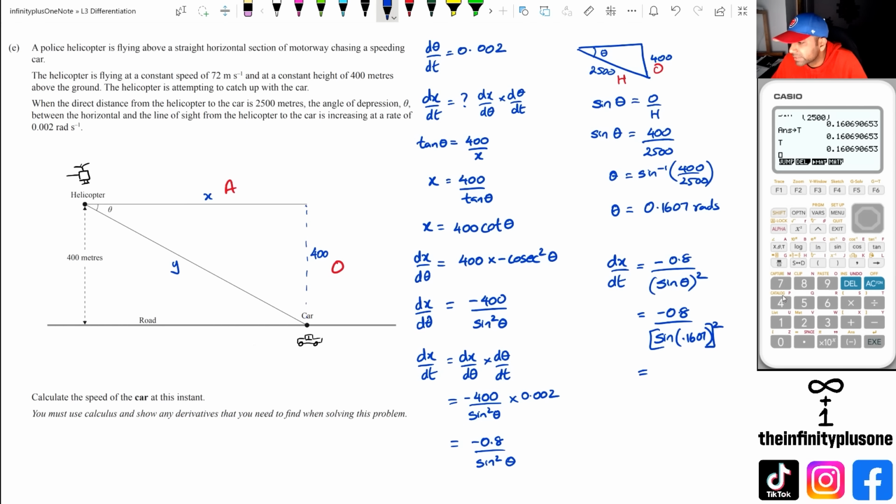Let me put this in the calculator. So negative 0.8 divided by sine, and I'm going to put alpha t.